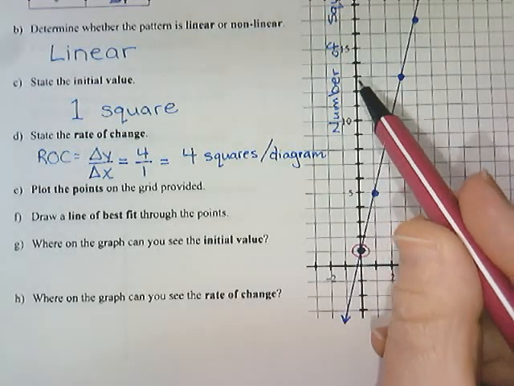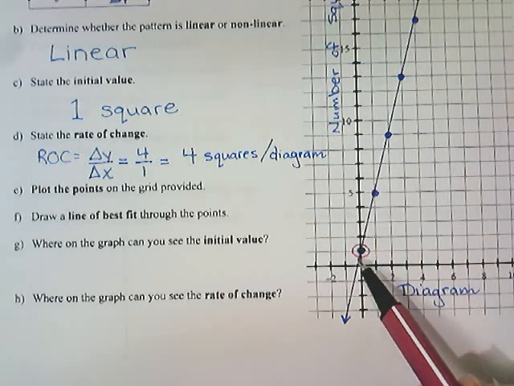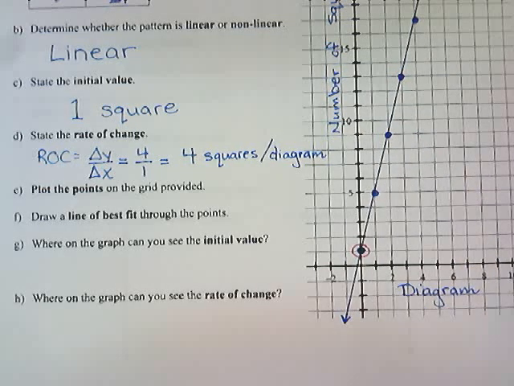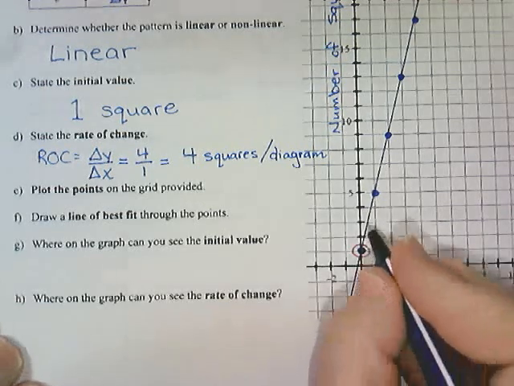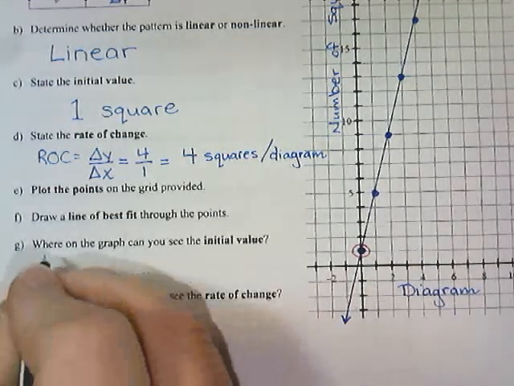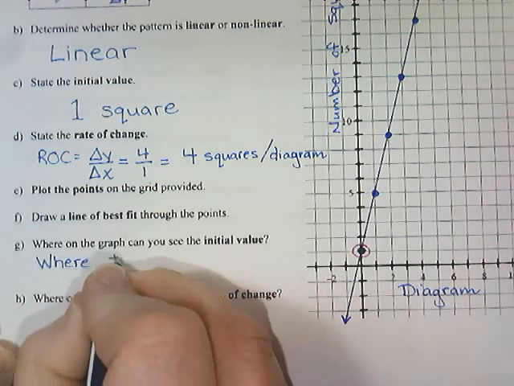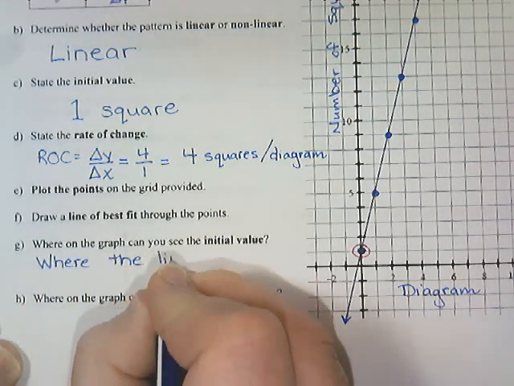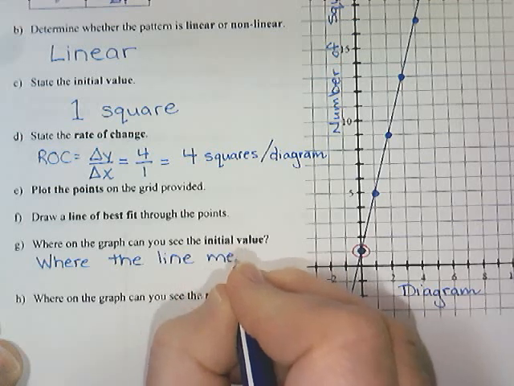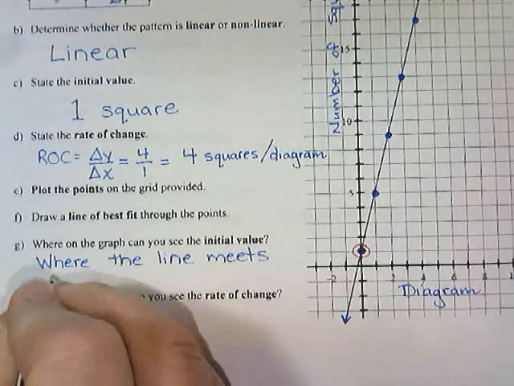So it's always going to be where the line crosses the y-axis. So the initial value is where the line crosses the y-axis. So I'm going to say where the line meets the y-axis.